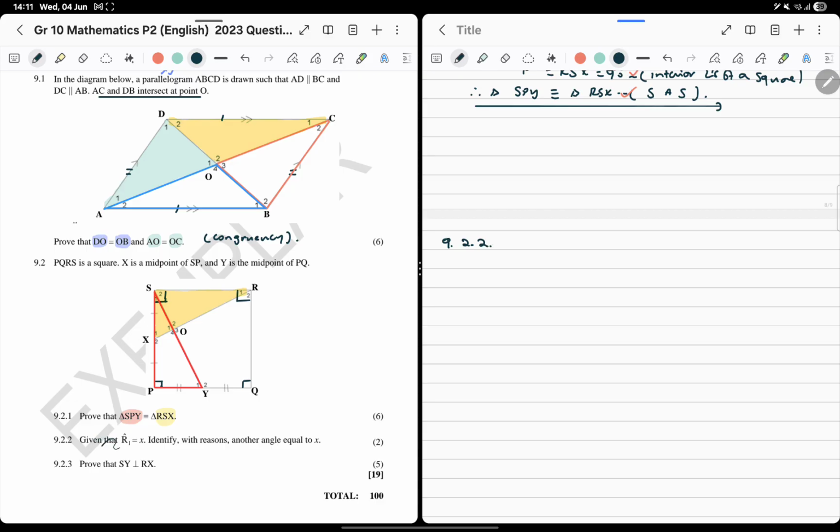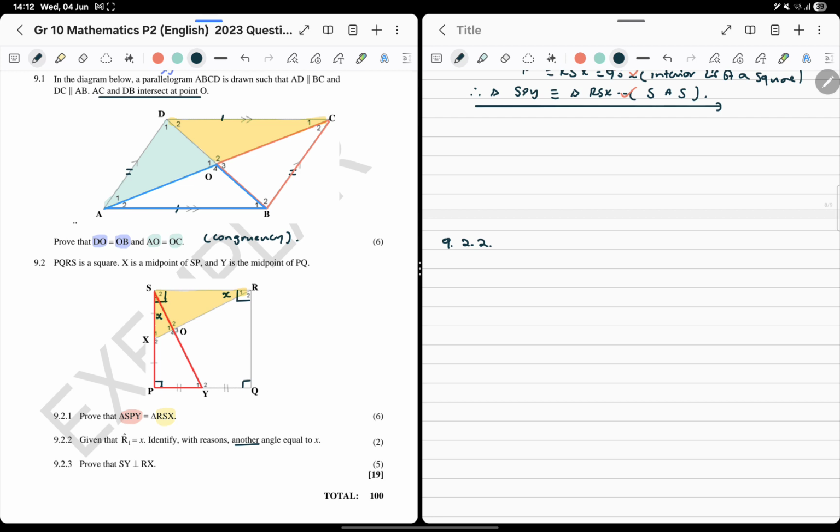9.2.2. We are told that R1 is x. Identify with reasons another angle equal to x. Just one. Okay. So obviously this one should be x as well, isn't it? Those are the corresponding angles of congruent triangles.